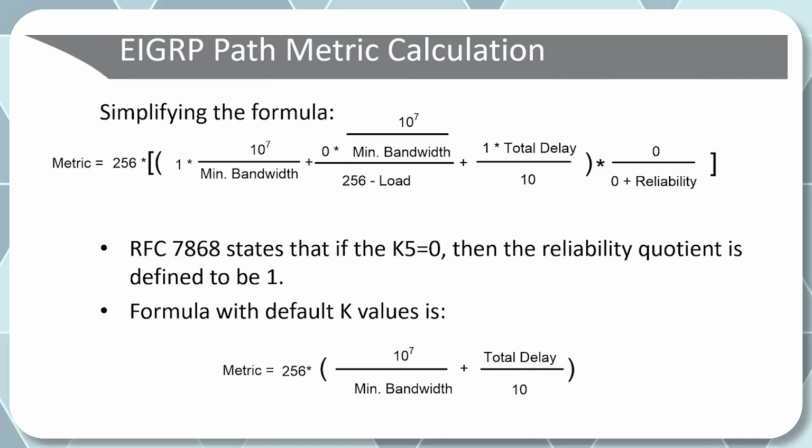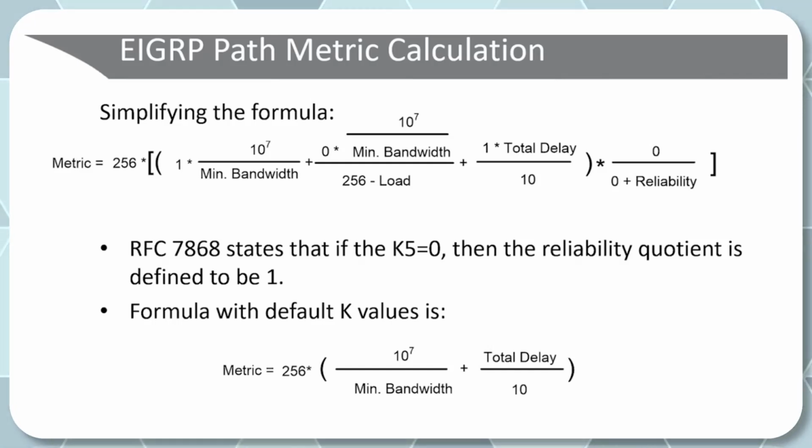As you can see, this very simple formula is metric is equal to 256 times (10 to the power of 7 upon minimum bandwidth plus total delay upon 10). Reliability is not here. So this is a very simplified formula and you can use it within Excel.